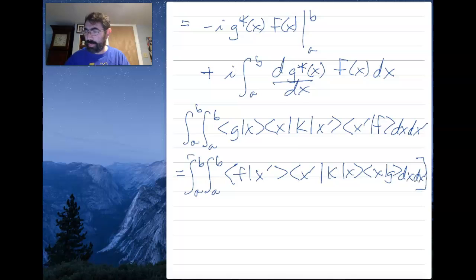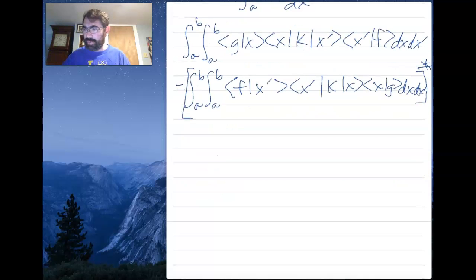So I'm going to take the complex conjugate of that whole thing, and that switches all my x's and x primes. Since K is Hermitian, I don't have to worry about the complex conjugate of that. So in the end, we have the integral over x.